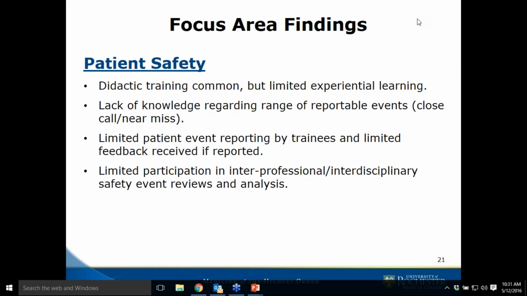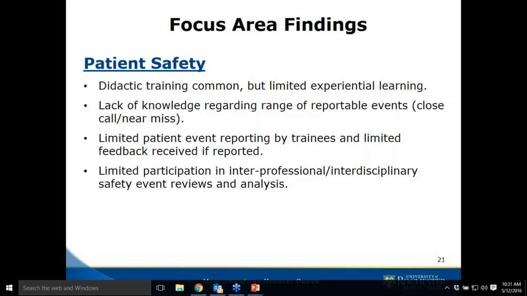Let them do a computer module. They've looked at it, checked it off, and now they're done with their patient safety training. We would agree that that's a very efficient use of time. Computer modules are fantastic, and they provide a lot of good information. But the residents need more.